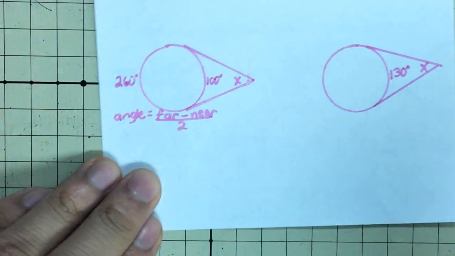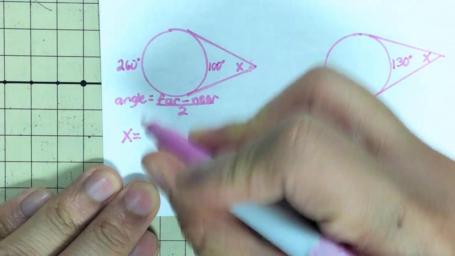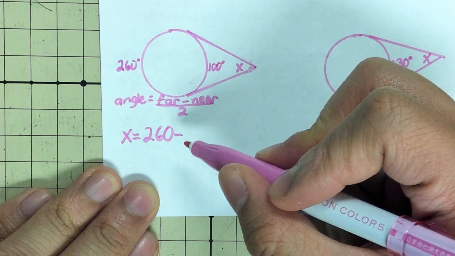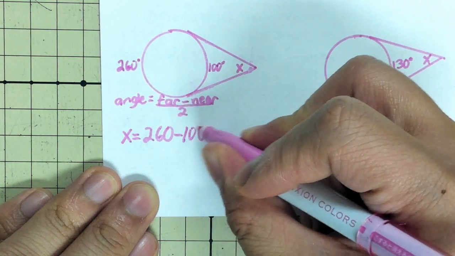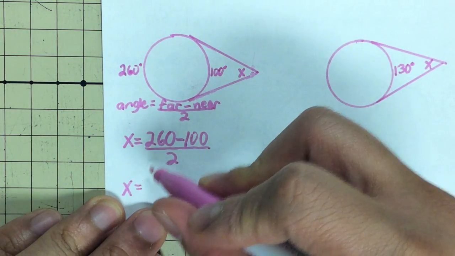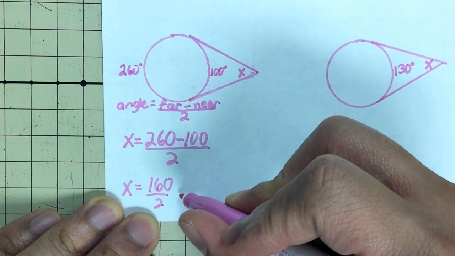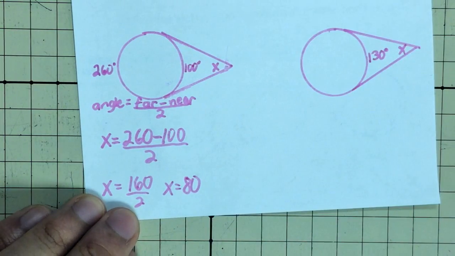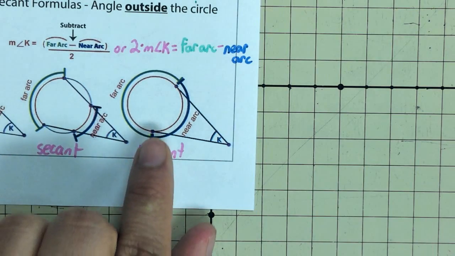Okay. So my angle is X equals far 260 minus near 100 divided by 2. So X equals 260 minus 100 is 160, divided by 2. X equals 80 degrees. Alright, so that's demonstrating this concept.